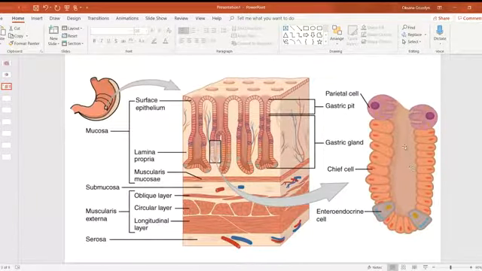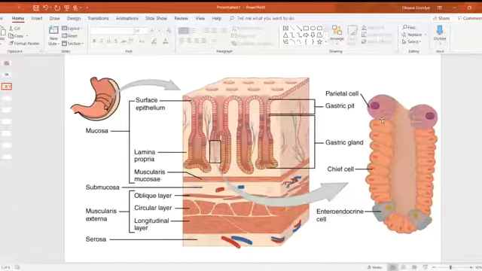This is the lumen of the gland, and all these cells secrete substances. They will travel into the lumen of the stomach. This is the lumen of the stomach. When endocrine hormones are secreted from here, they go the opposite direction and go into the blood. So the tube secretes endocrine hormones.